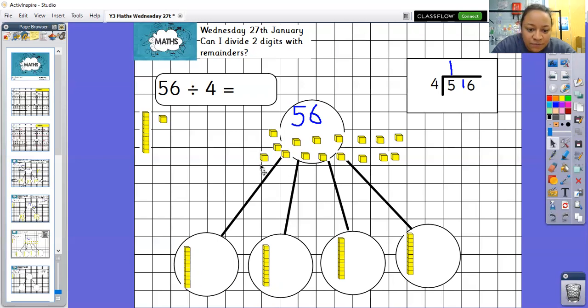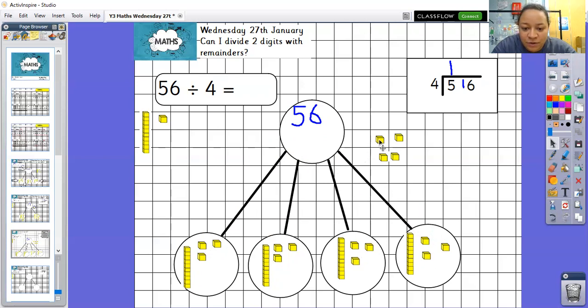So let's give it a go. We're using our 1 each technique. Let's see, we might have a remainder, you never know. Let's try it out. We keep sharing until they're all gone, or until we get to ones that won't be able to share equally.